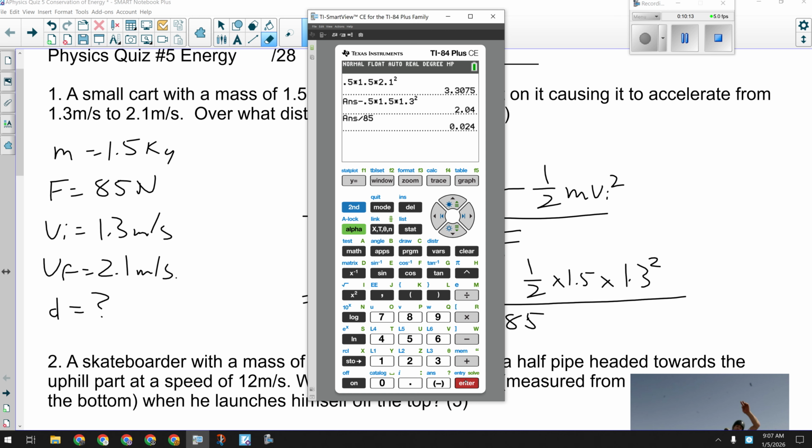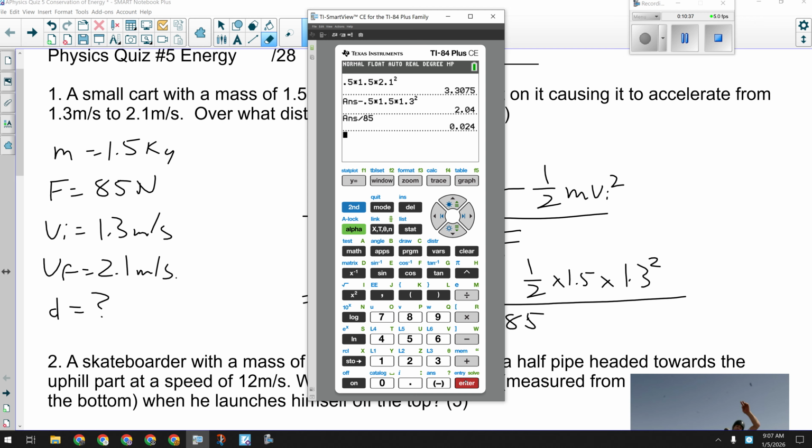Okay, is that very far? 2.4 centimeters, 0.024 meters. That's not an unreasonable answer. 85 newtons is a lot of force for a small cart. Okay, and we didn't change its speed by that much. So it really didn't take that much work in order to do this.